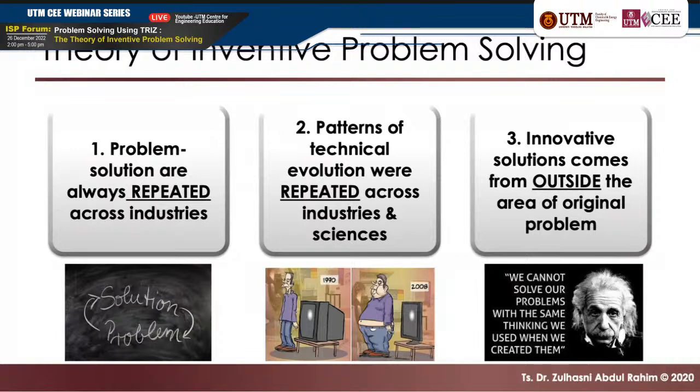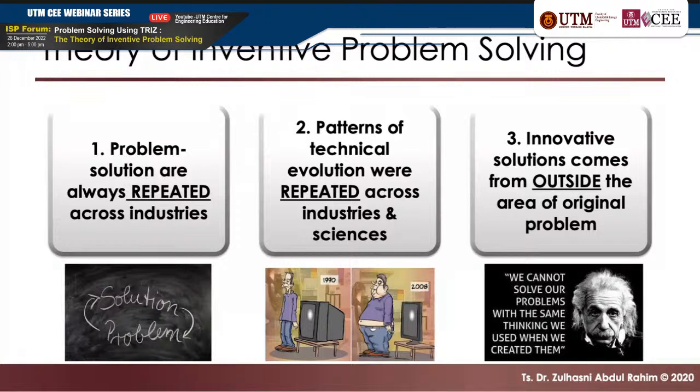Even though this is technical and engineering problem solving, by learning and adopting TRIZ, your problem solving will become more effective and more efficient, especially for technical and engineering problems.